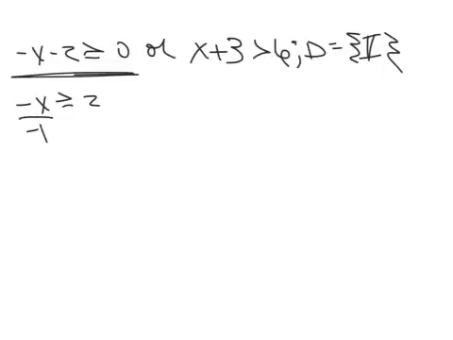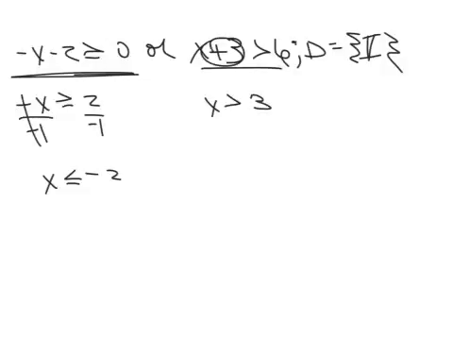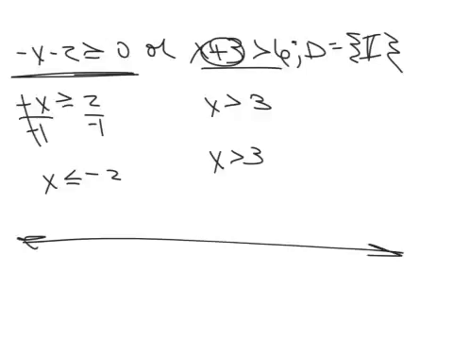Divide by -1, divide by -1, so those go away and we have x, switch the sign, -2. Let's look at this one. Subtract 3 from both sides. Now again, I subtracted 3, I didn't divide by a negative, so the sign doesn't change when I just subtract. So there's my two inequalities there.